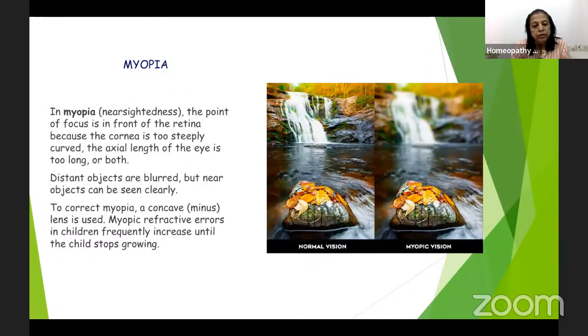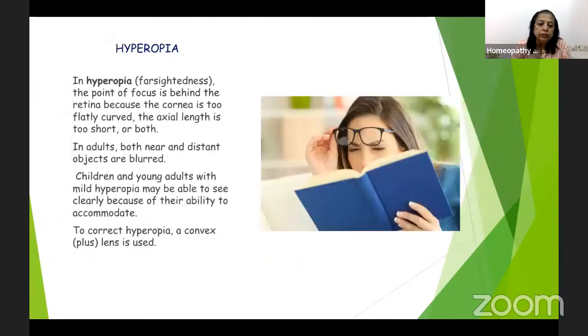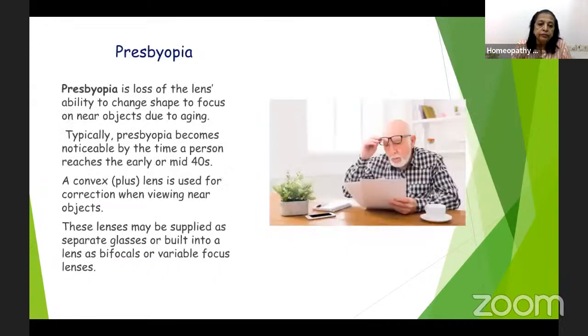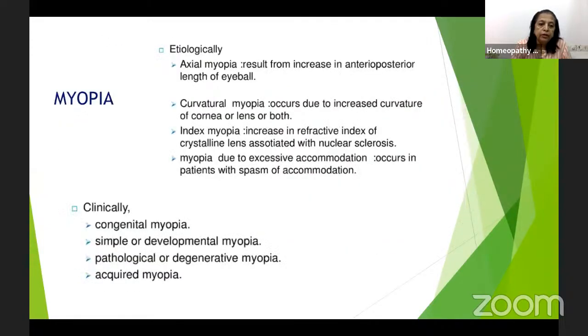Now, first I think we will talk about myopia. Myopia is very common, especially in children. In this condition, the child or adult will say that I cannot see distance. The cause may be, one, the length of the eyeball, that is axial myopia, or maybe curvature or index.